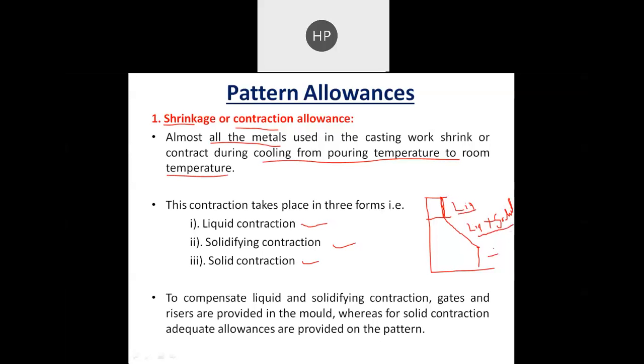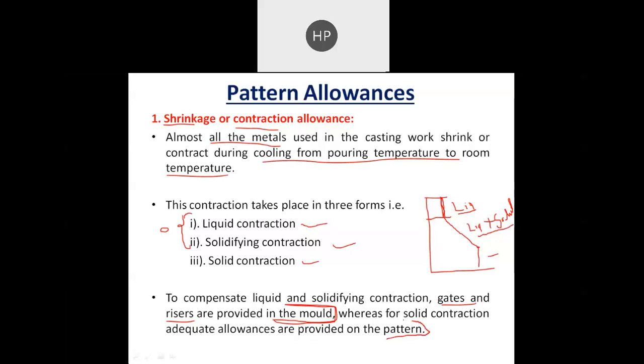Now, to compensate for liquid and solidifying contraction, gates and risers are provided in the mold. What the gate and riser are, we will discuss later. But here remember that to compensate these two contractions we have gates and risers. Whereas for solid contraction, adequate allowances are provided on the pattern.